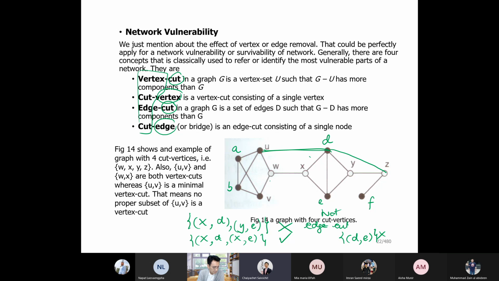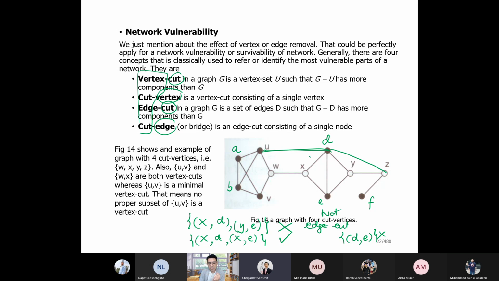Yes, if you remove F to Z, F will be disconnected. So that would become the only cut vertex of this graph.